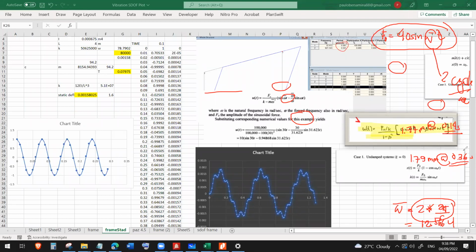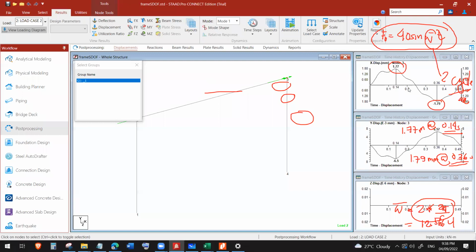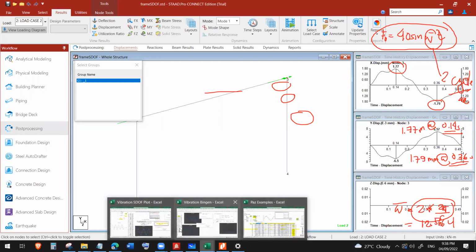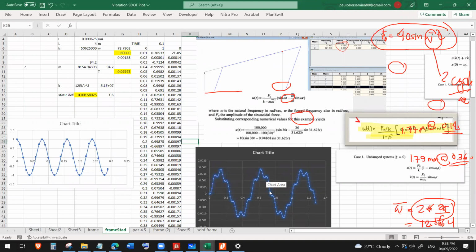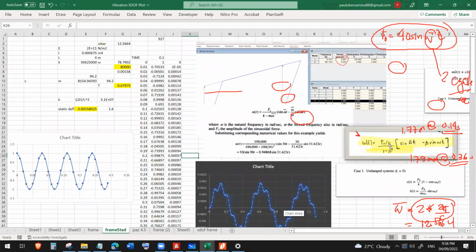The maximum response is also almost the same, 1.8, 1.7. So what we got in Staad is almost the same as what we got in our spreadsheet by using this formula that we just derived.